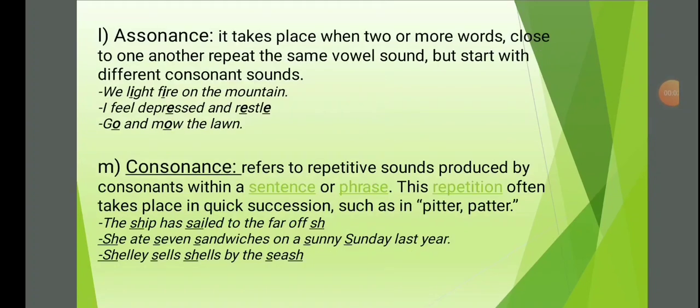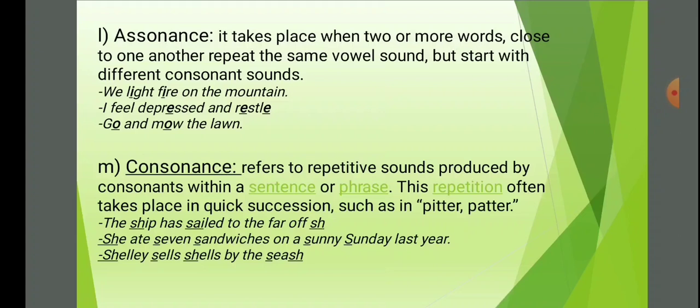Next figure of speech is assonance. Assonance takes place when two or more words close to one another repeat the same vowel sound but start with different consonant sounds. In assonance, some words are there in between where the sound effect is of a vowel.